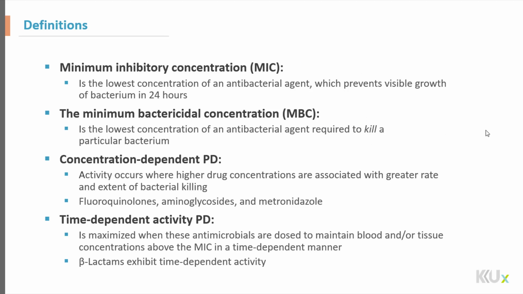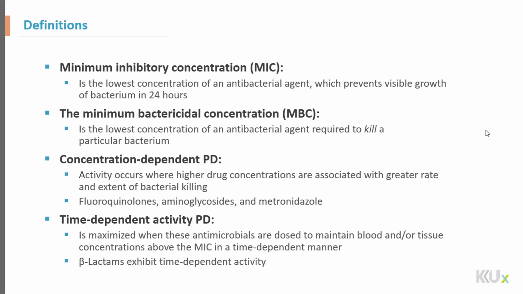So this is different. When we look at the pharmacodynamics of the antibiotics, they are either concentration dependent or time dependent. So concentration dependent means the activity occurs where higher drug concentrations are associated with a greater rate and extent of bacterial killing.